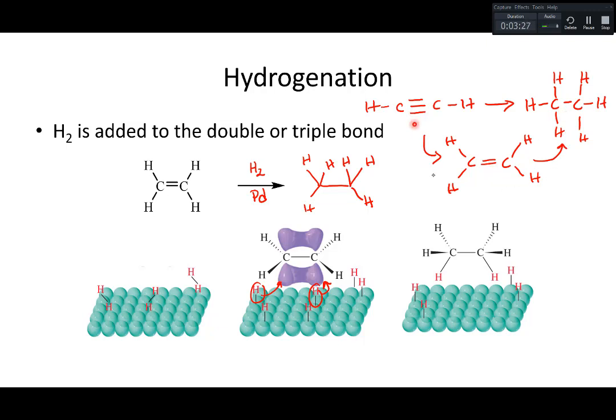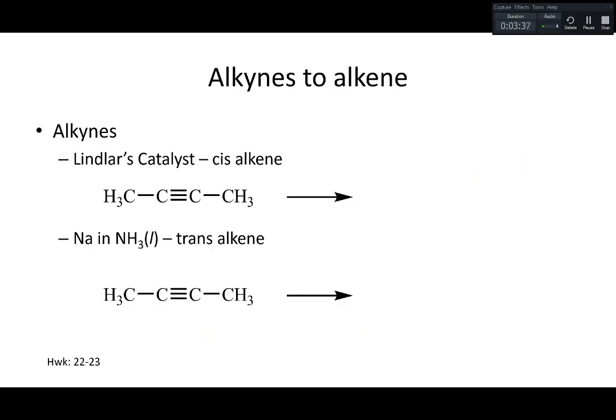It turns out, though, that this step is a little bit slower than this step. So if you try to make this, you can't really stop it. It just continues on. The trick to making this stop and getting a double bond is to use one of two things. One is to use what's called a poisoned catalyst.